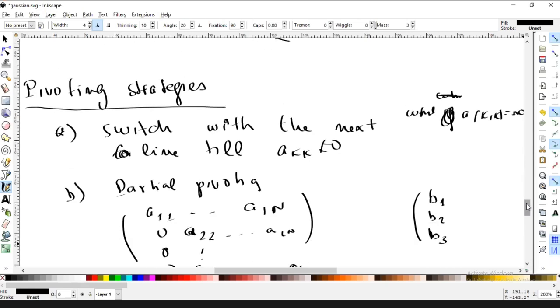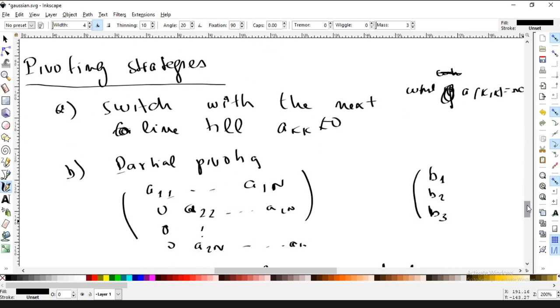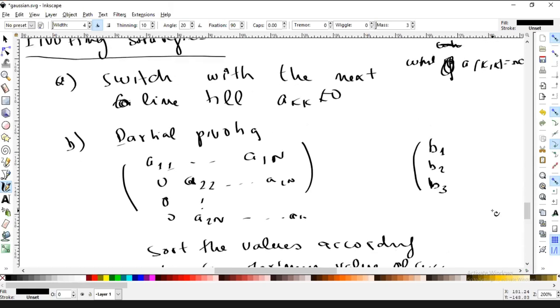Another method is partial pivoting. We will find the line that has the largest AKK every time, and then we will switch the line.